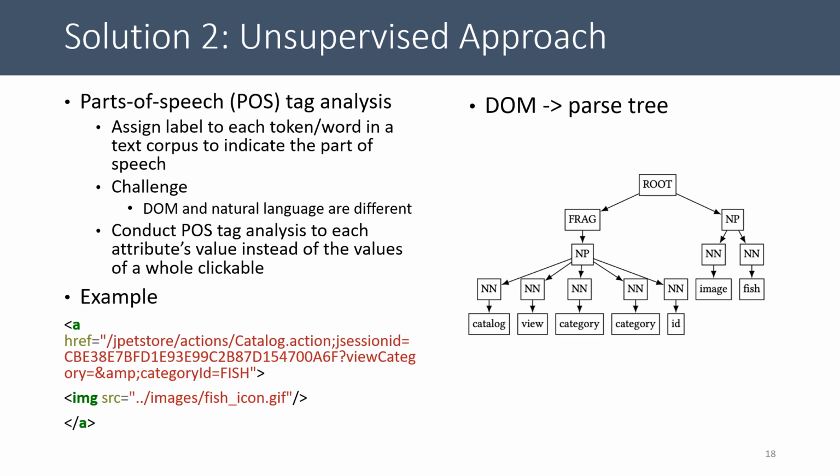We did POS-tag analysis on each attribute's value instead of on the whole clickable. And on the right is the parse result of the previous example. In this tree structure, leaf nodes represent words and non-leaf nodes represent parts of speech, such as NN, which represents noun, and NP, which represents noun phrase.